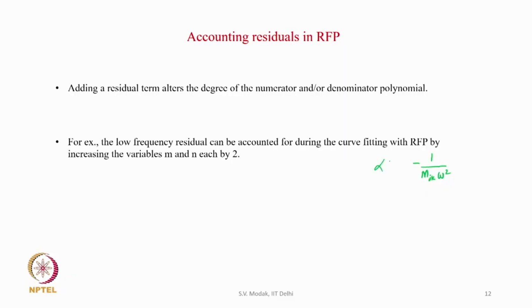If we want to add this residual to the rational fraction form, then the degrees of the denominator polynomial and the numerator polynomial will get altered. It will go up by 2. Therefore, we can increase the value of m and n by 2, and then we can account for the low frequency residual in the curve fitting. This is the basic idea behind accounting for residuals in RFP.